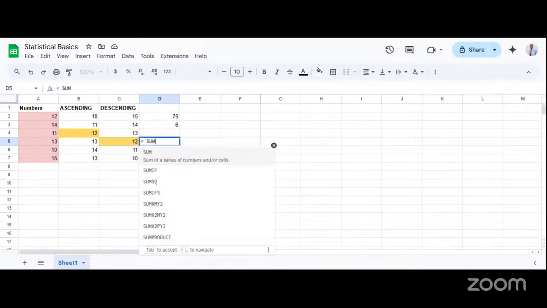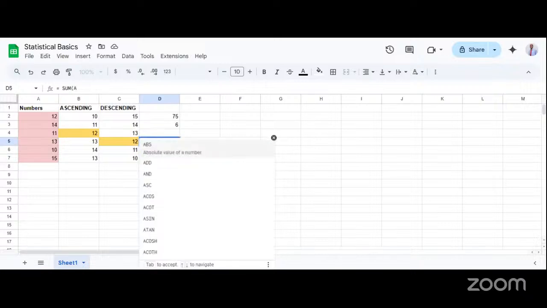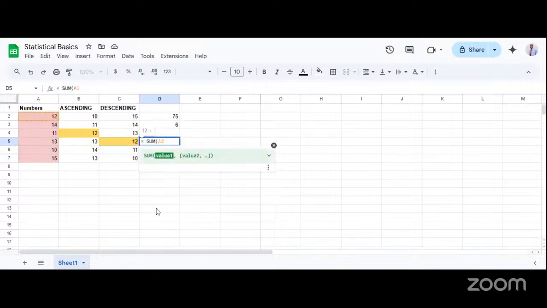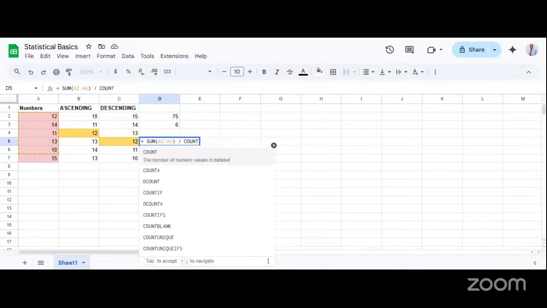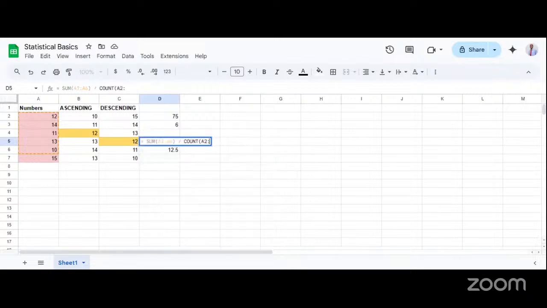We did the sum of A2 to A7, then divided by the count of A. Okay, I think this is 7, not 6, so I'll correct this one to 7. If I were to write this in one formula, this is how it actually is, but I just have to break it down so we would all understand it.